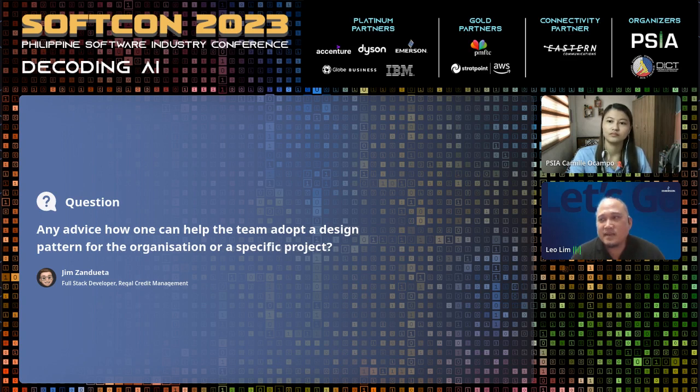So maybe a good first step would be to look at all the catalogs of design patterns, right? And I'm sure you will be familiar with some of the technology stacks. Most of them use design patterns anyway. Like I know back in the day when I was using Visual Studio, it was the document type of design pattern.